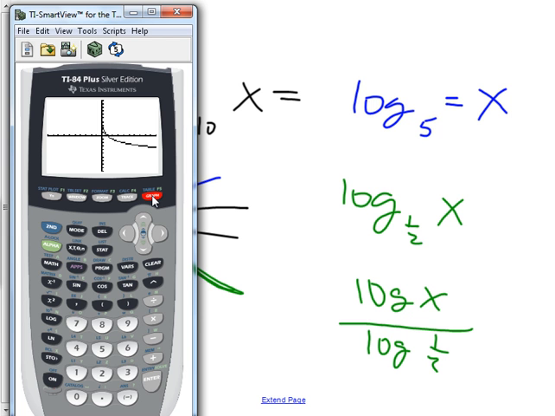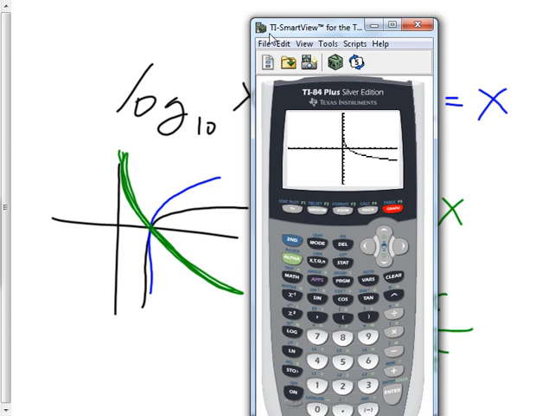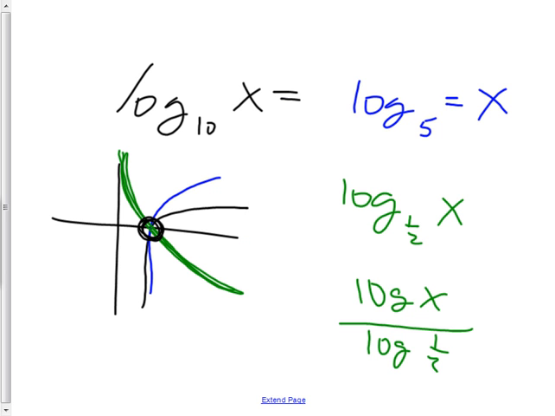See how it still goes through that one point that they all go through? Spot right here. Why does it go through that again? Because at x is 1. If x is 1, I put a 1 right here, then log base anything, I'll call it q, of 1 is equal to p, would be q to the p has to equal 1.